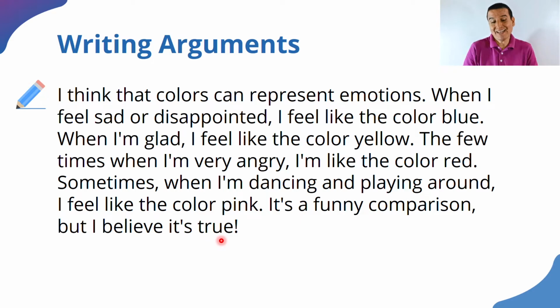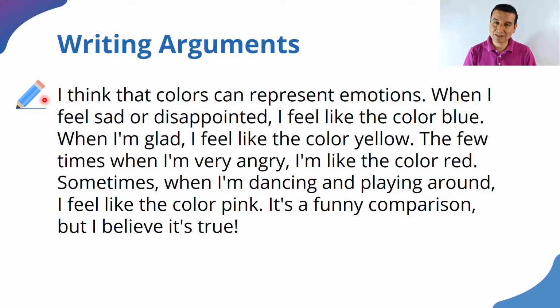Why? I mean, it is valid because it is providing some proof about the claim that it is making, that the colors can represent emotions, but it is based on our own feelings. And what if the person next to me feels something different? Then we cannot use this as an argumentation for this idea that colors can represent emotions.